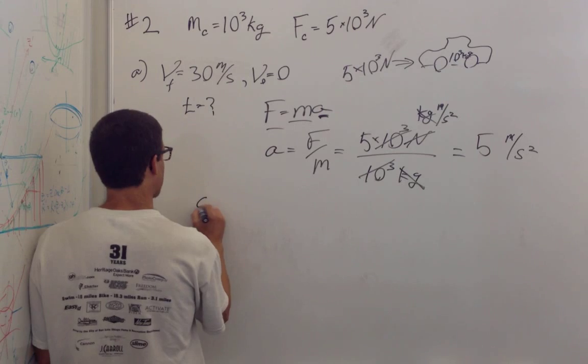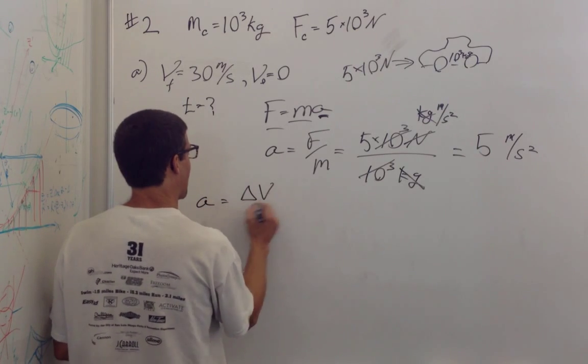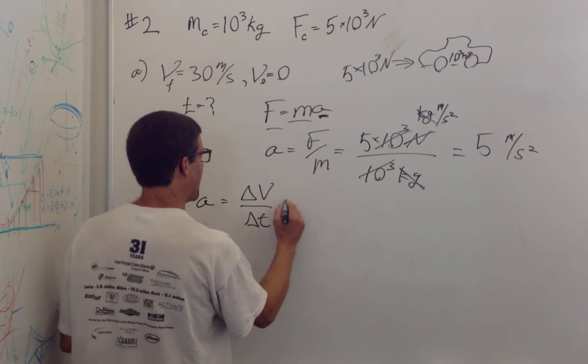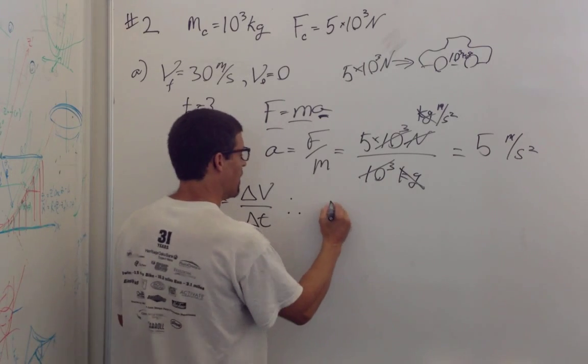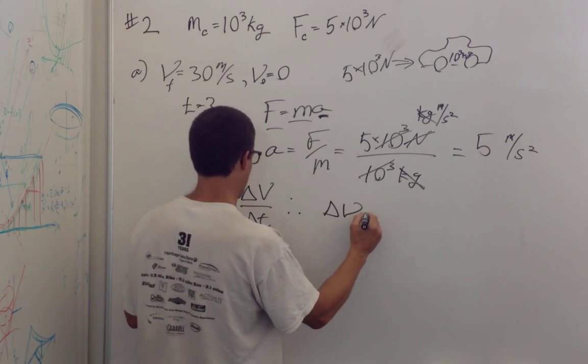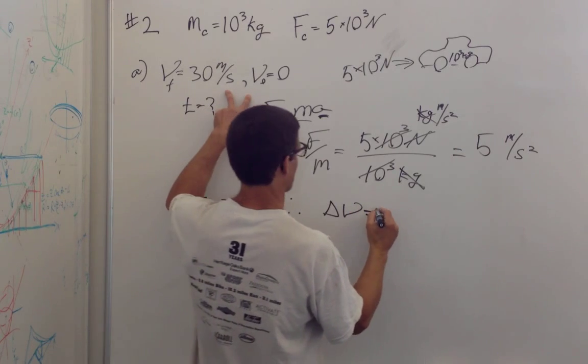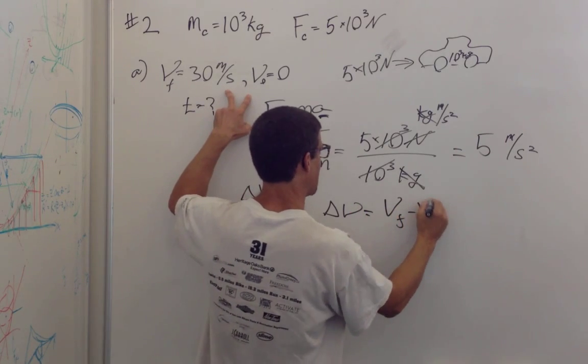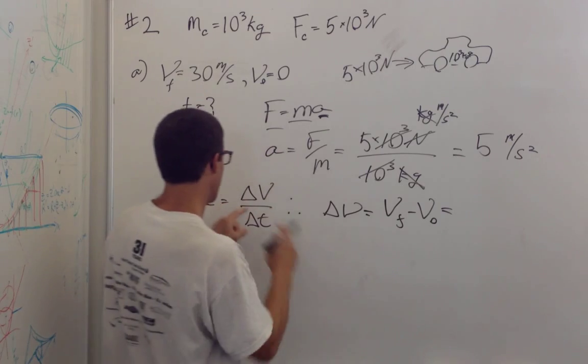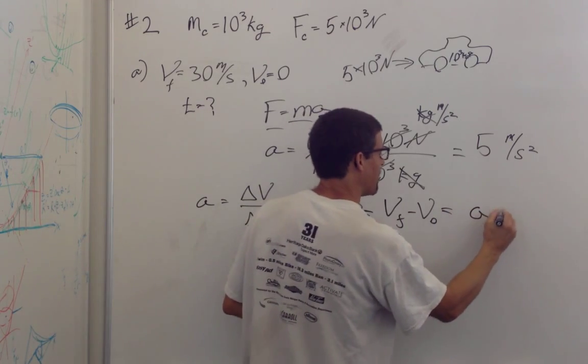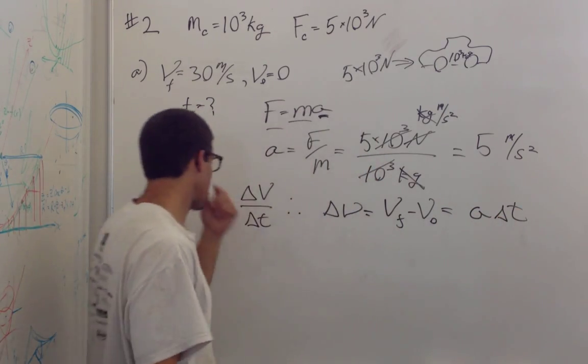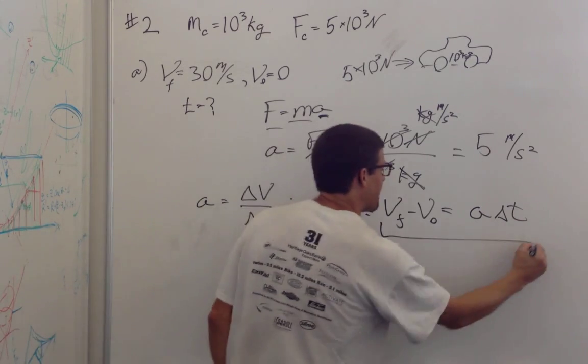Now I also know that acceleration is equal to the change in velocity over change in time, and so the change in velocity, which is equal to v final minus v naught, must be acceleration times change in time. Oh, right, so I got this.